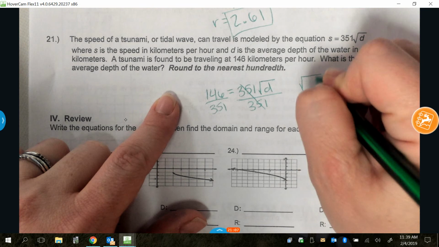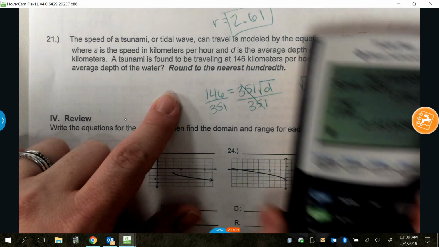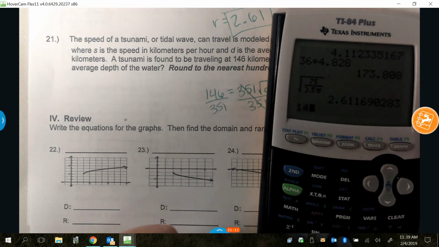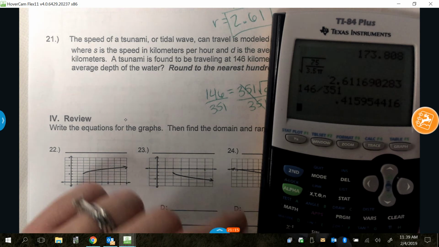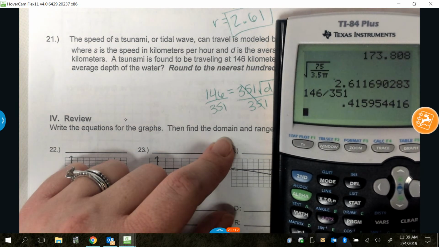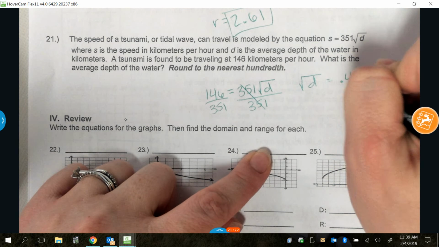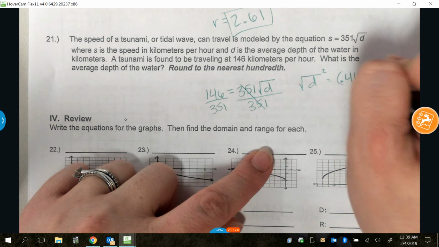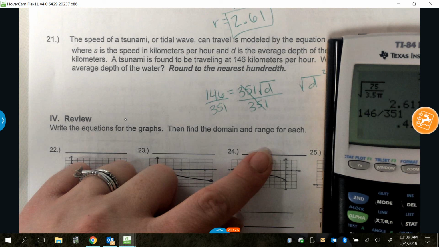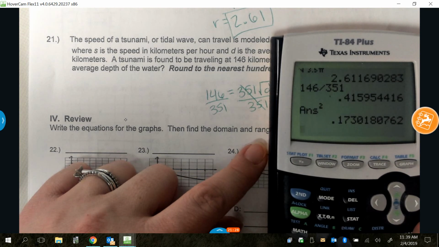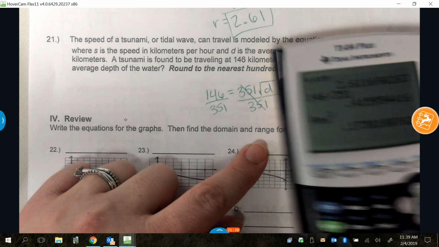And I get square root D equals 146 divided by 351, 0.4159, or we'll just say 0.416. And now I'm going to square both sides. And my answer is 0.17.